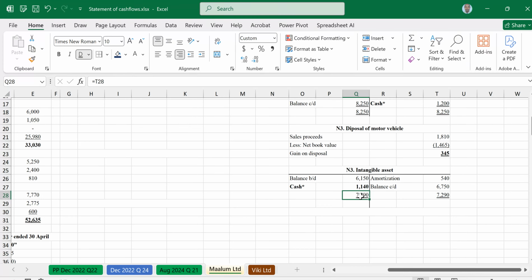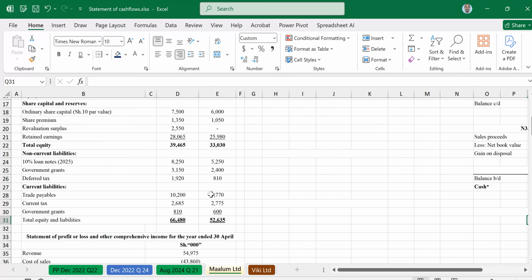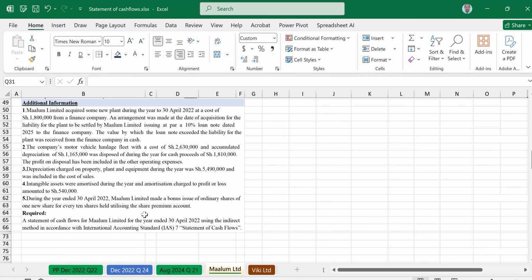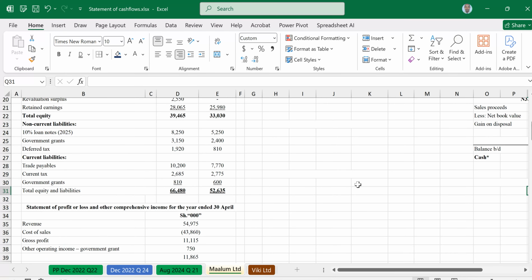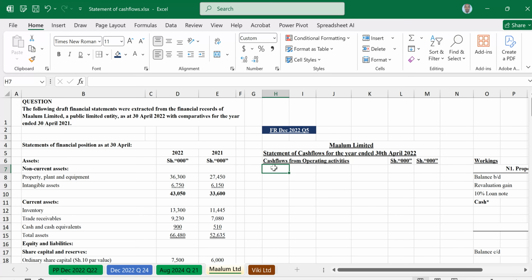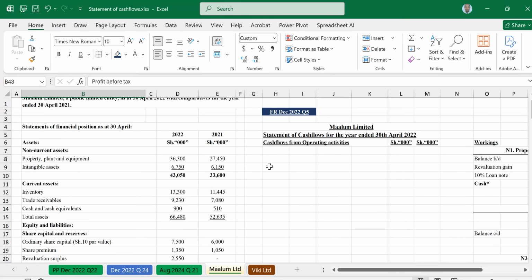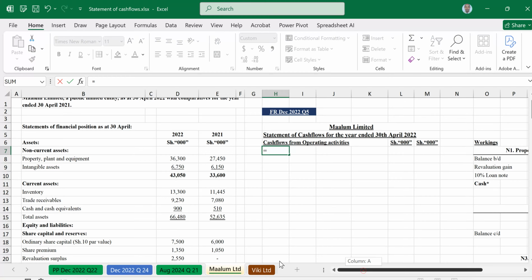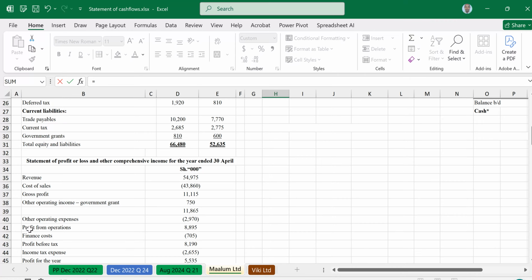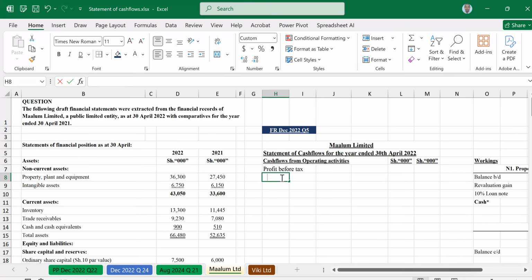Now, after the intangible assets, the plan is now set to see if there is any additional information that affects cash flows from operating activities. There is none. We can now simply do cash flows from operating activities, starting with profit before tax. Profit before tax amounted to 8190. Then adjustments.